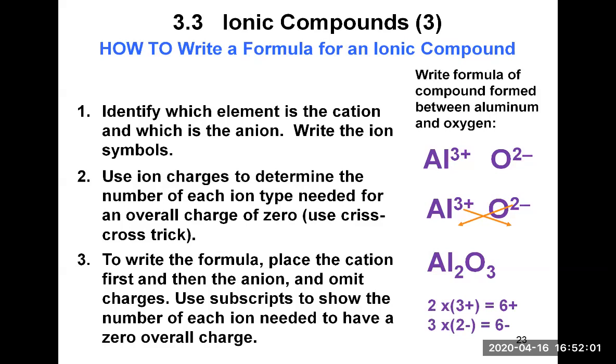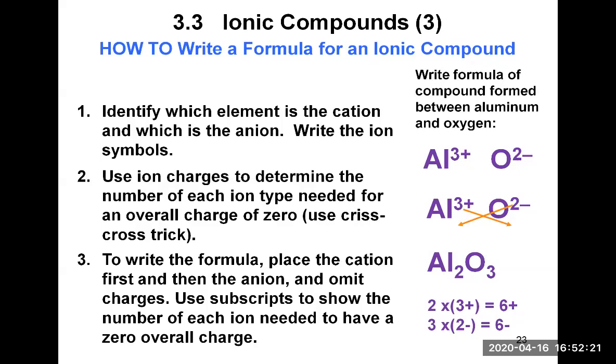Now let's count the negative charges. They come from oxygen. We have 3 oxygens, and they each carry 2 negative charges. So 3 times 2 is 6 negative charges in total.